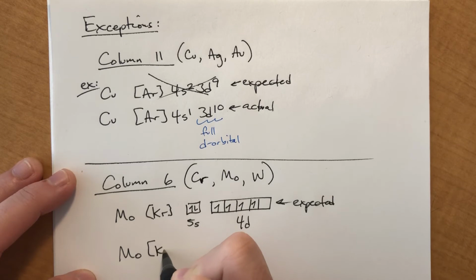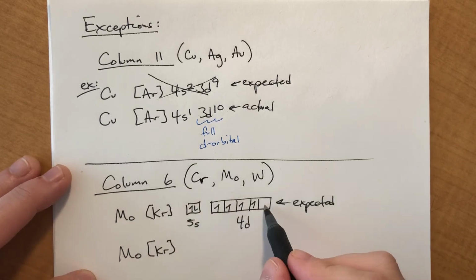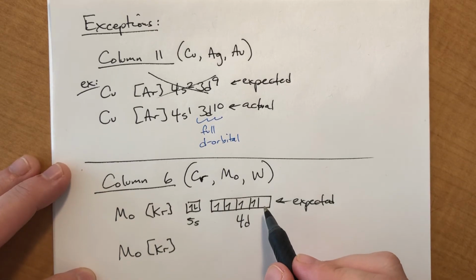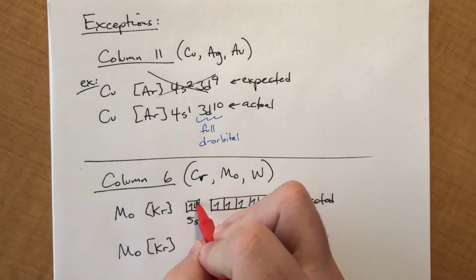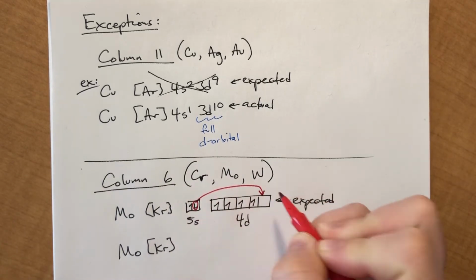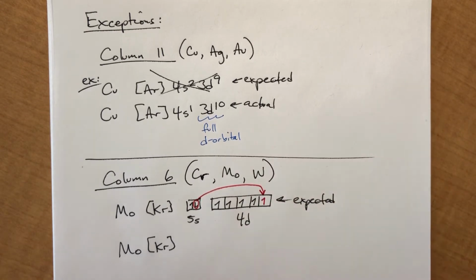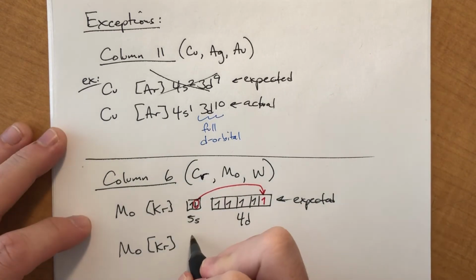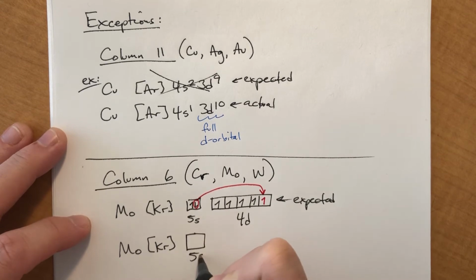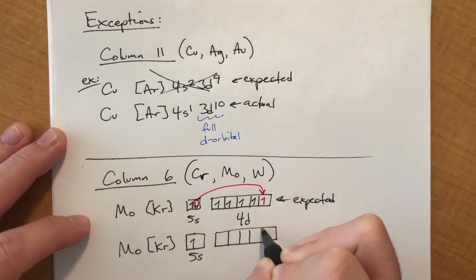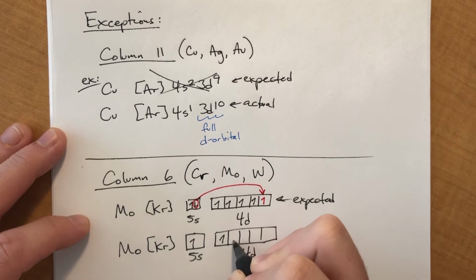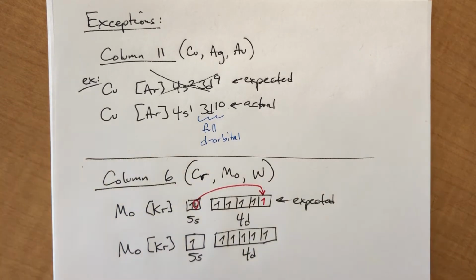It'll basically steal one of the s electrons because this is one away from being half full. So what actually happens here is this paired electron actually gets ripped up and moved over to here. So the actual answer is 5s1 4d5.